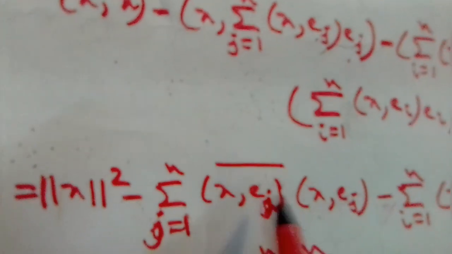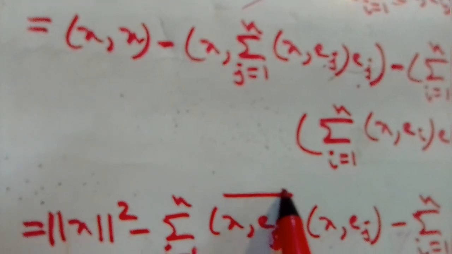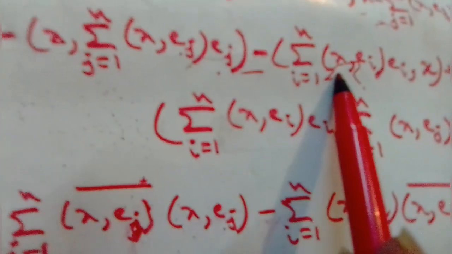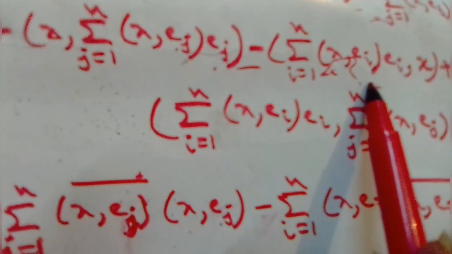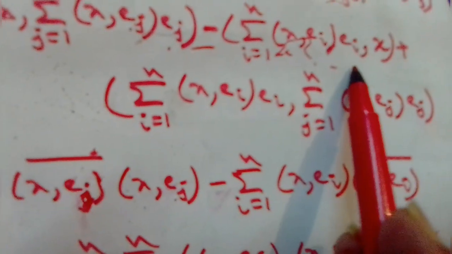Now we use x dot x is the norm of x squared, and taking x dot ej, it will take a conjugate, so x dot ej whole bar, the complex conjugate in Hilbert space. Here we write x dot ei, and it will be our result of ei dot x.